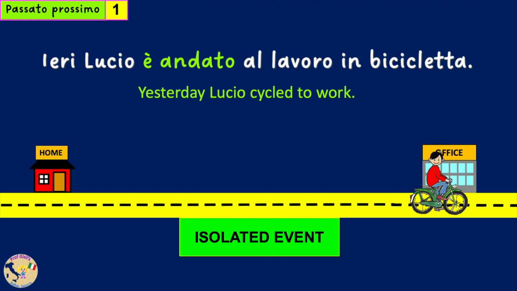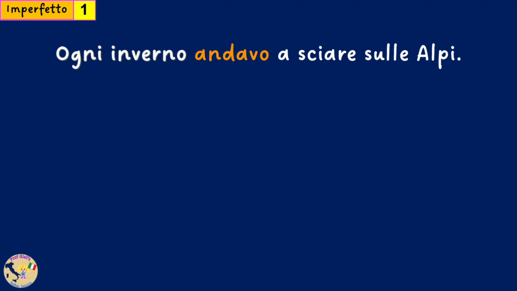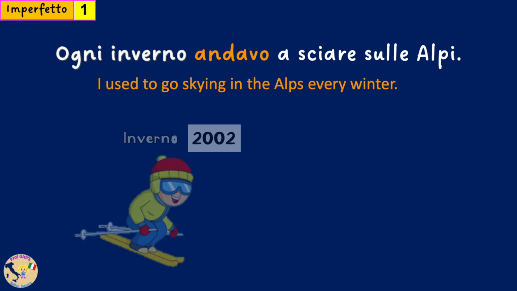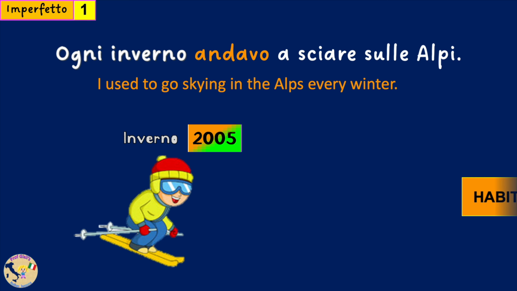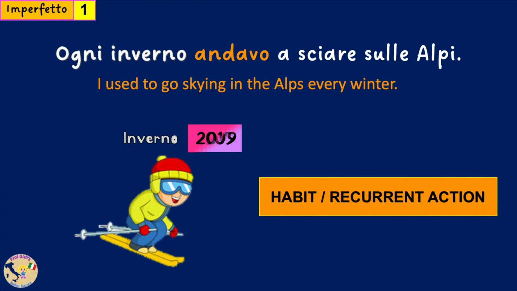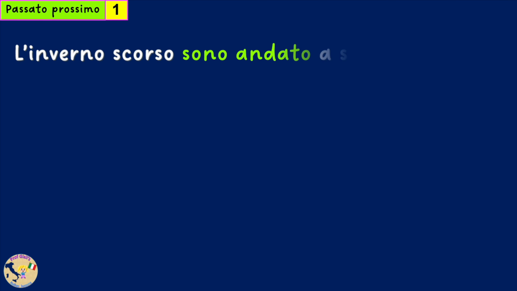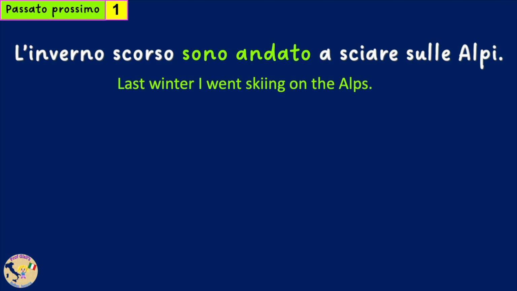Let's look at other examples of this contrasting use of the imperfetto and the passato prossimo. Imperfetto. Ogni inverno andavo a sciare sulle Alpi. Passato prossimo. L'inverno scorso sono andato a sciare sulle Alpi.